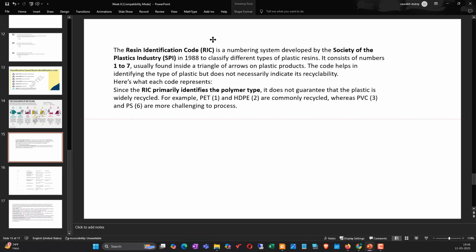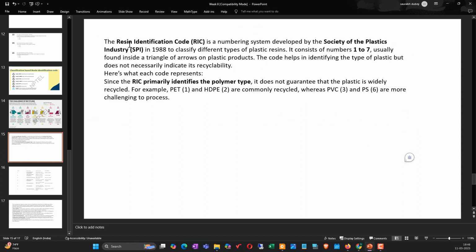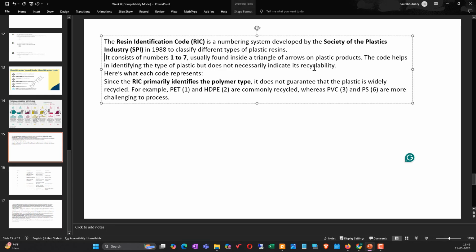So the definition says, if you see here, the Resin Identification Code, RIC, is a numbering system developed by the Society of the Plastics Industry, SPI, okay, to classify different types of plastic resins, right? So let me just make the bullet points out of it.